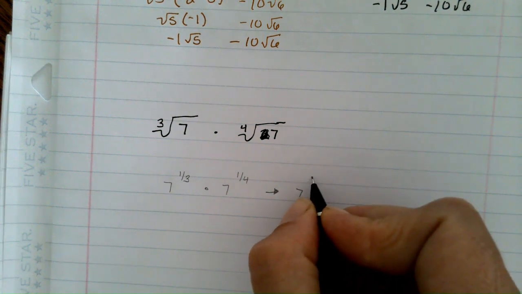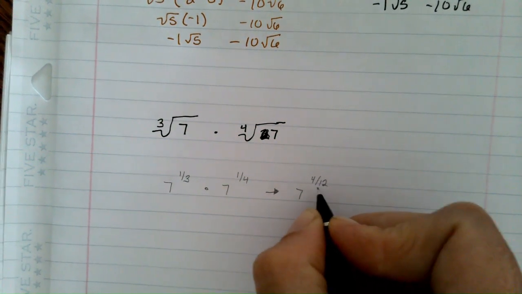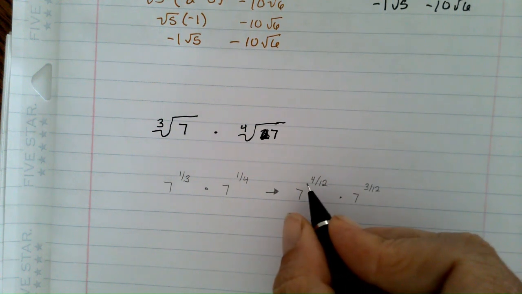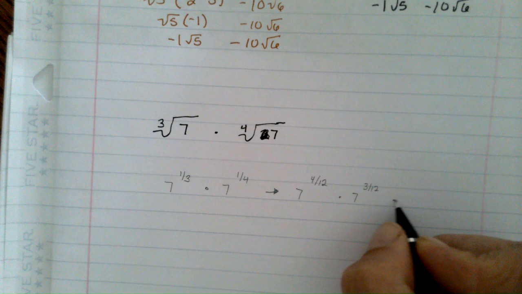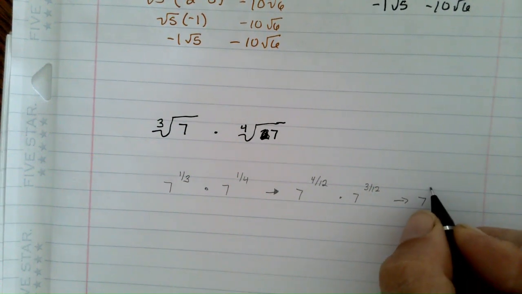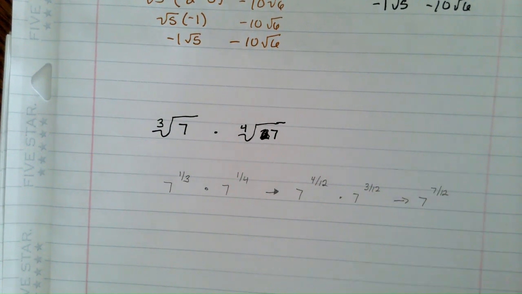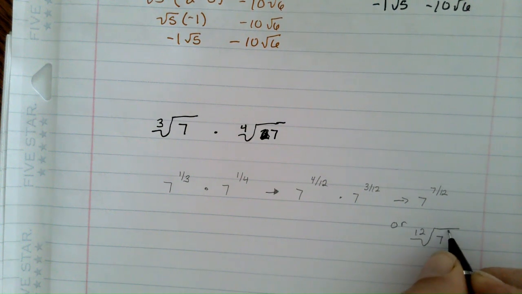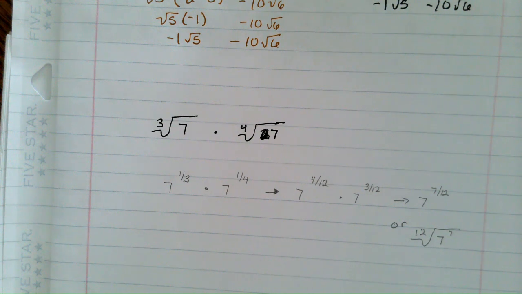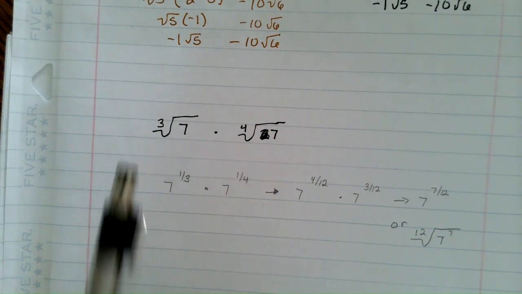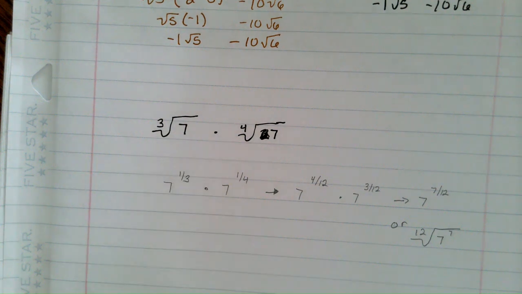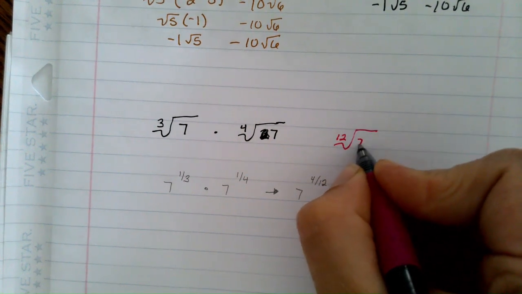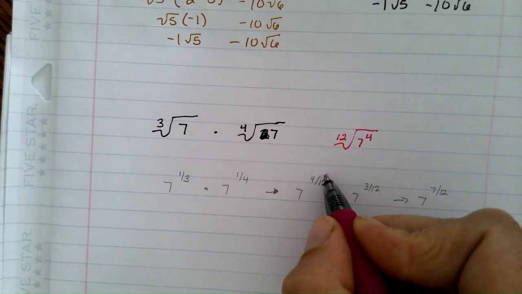So I'm going to rewrite this so they have a common denominator. And now we can add 4/12 and 3/12. Or the 12th root of 7 to the 7th power. Could I have unreduced these here? If this is 1/3, isn't that the same as, see this 4/12 right there?